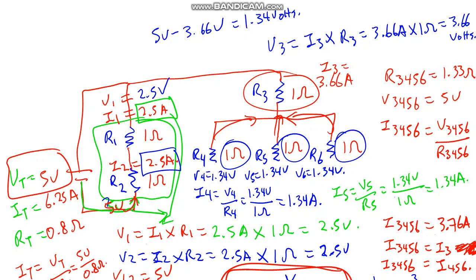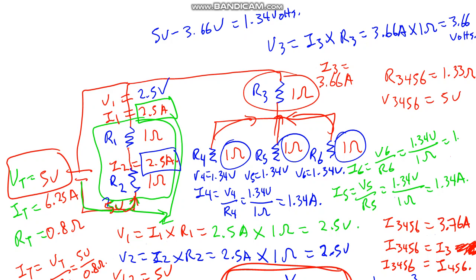Okay, and then I6 will be exactly the same. I6 is equal to V6 over R6, which is equal to 1.34 volts over 1 ohm. So therefore you get 1.34 amps.